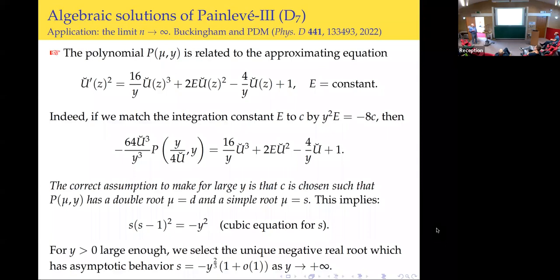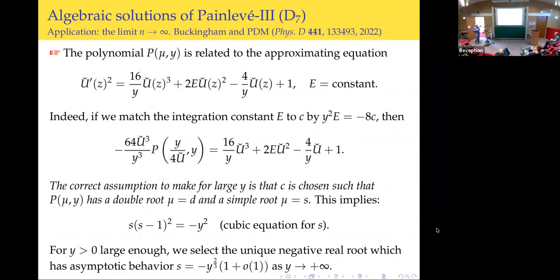So it turns out that the right assumption for us to make for large y is that c is picked in such a way that this cubic polynomial has one simple root, which we call mu equals s, and a double root mu equals p. If we do that, then that implies a connection between the simple root s and this parameter y, really this scaling of x.